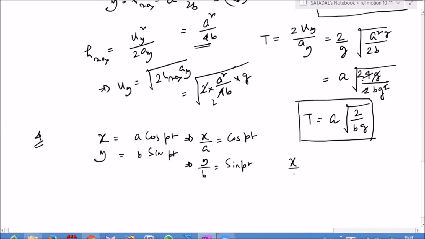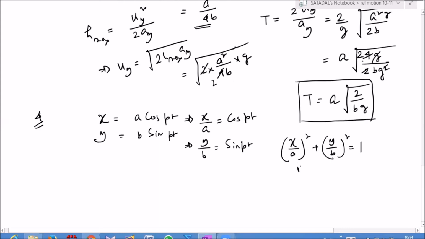So if I just square and add, this is equal to 1. What is this? This is the equation for an ellipse. This is the equation for an ellipse, right?